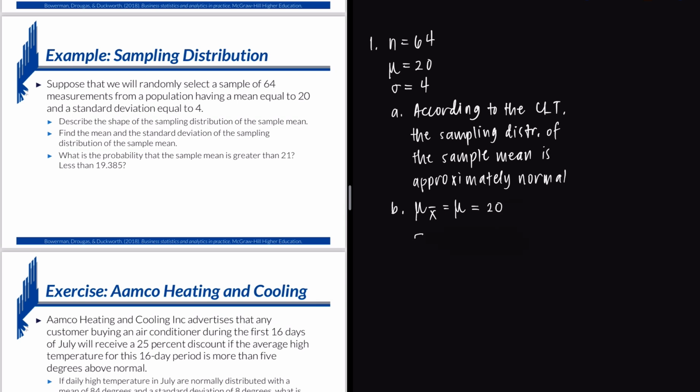Now, for the standard deviation of the sampling distribution of the sample mean, that is expressed as sigma sub x bar. To compute for this, we determine first if capital N over small letter n is at least 20. Because if the population is infinite, then the formula for sigma sub x bar would be the shorter one.